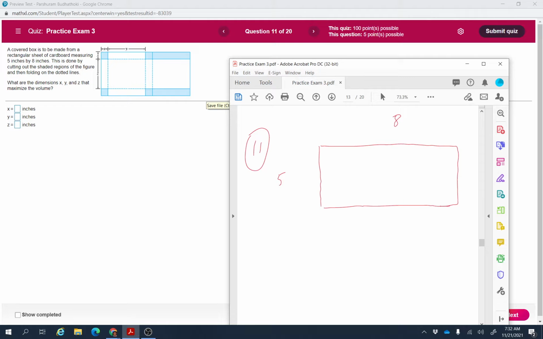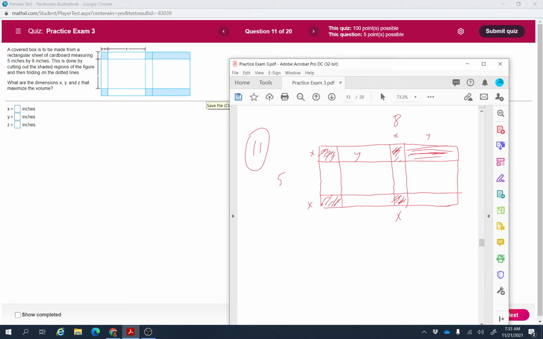So here in this particular problem, as you can see, we are going to cut this part, which is of length x, and then this part, which is again x, this part, which is again x, this part, which is again x, and this part, which is y, because this is y.